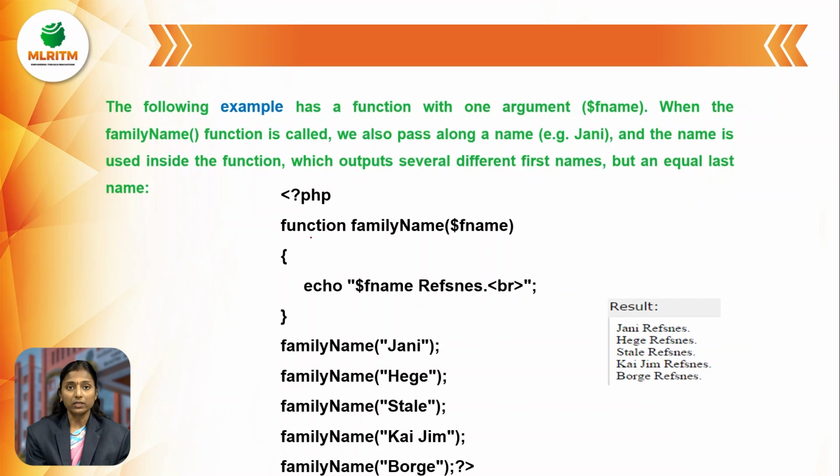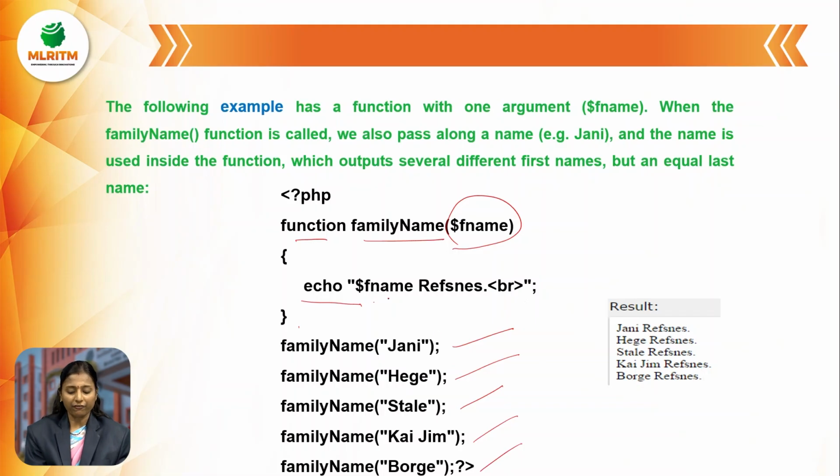Here, this is the example of one argument. The function name is familyName, and fname is the argument. Okay, echo $fname, Refsnes, break, and closing of that one. This echo will be used to print the family name. familyName("Jani").